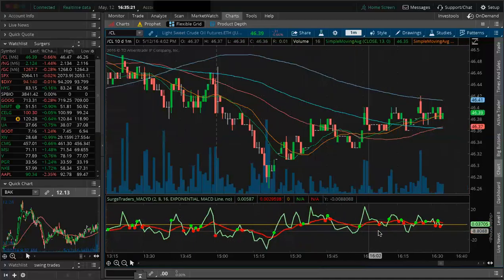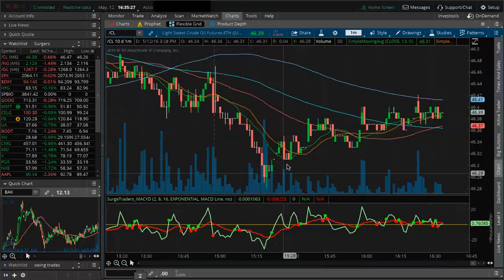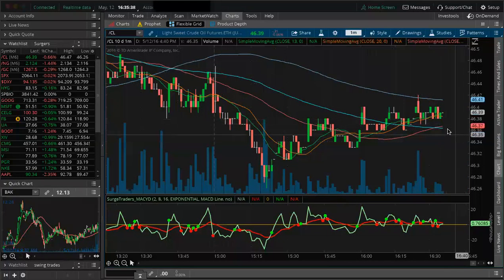It can get choppy. And you also want to look for when that happens with a lower low. So right here, we have a higher low with each positive cross. We're not breaking the lows really. So until you start breaking down on the lows, that's when you would want to do it.